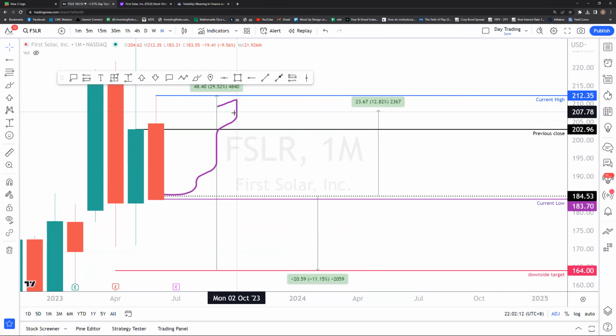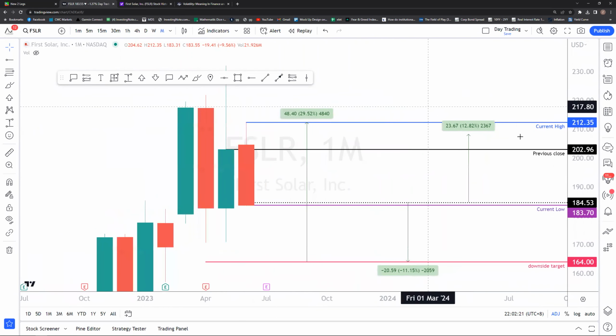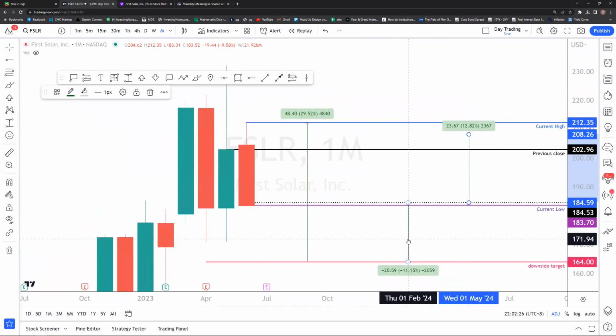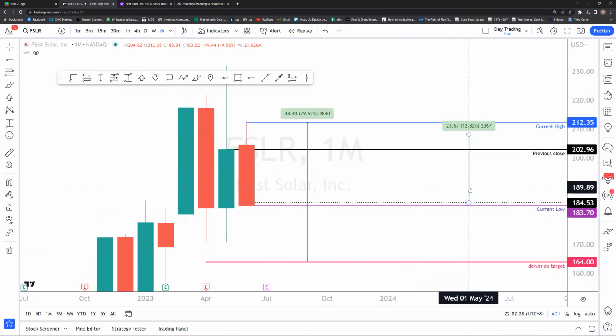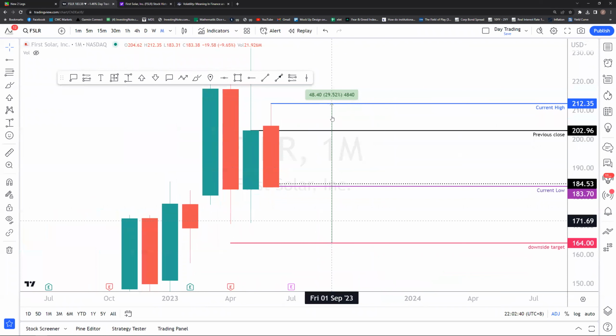So now let's look back at the high to low. In this case, we can see from a high to low perspective for this current month, there is a 29.5% chance.